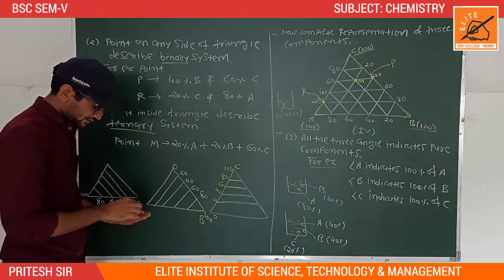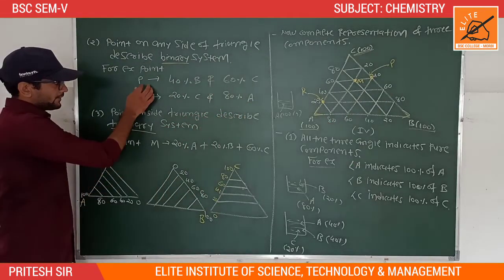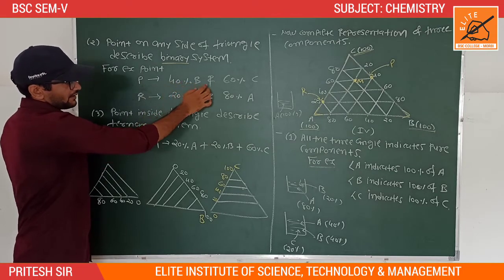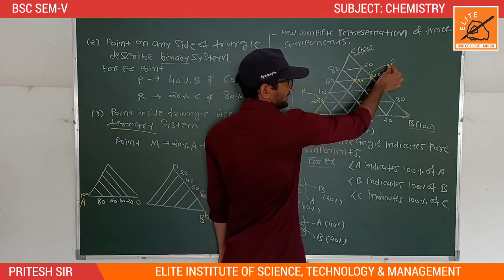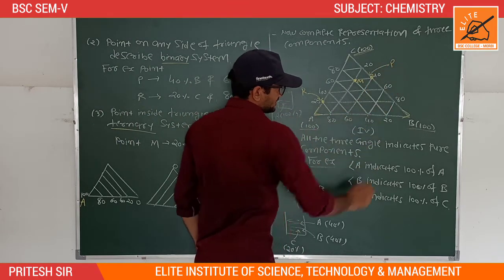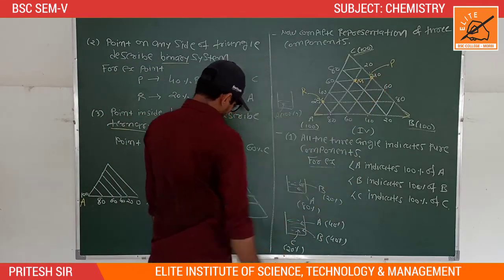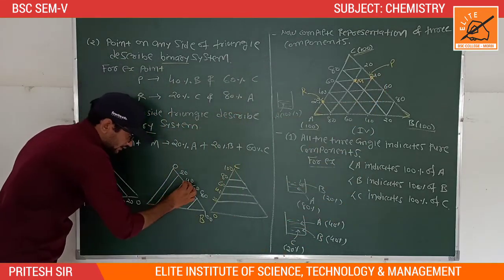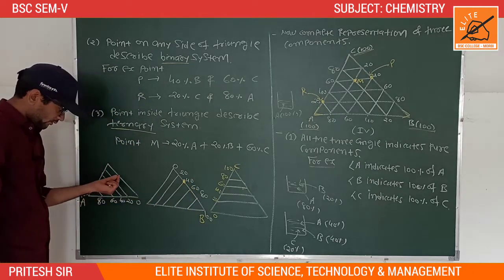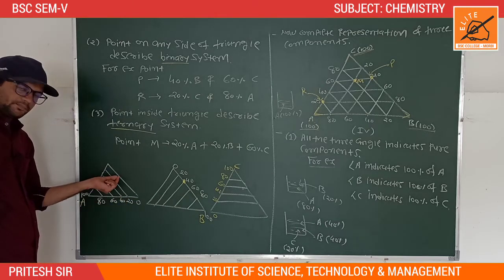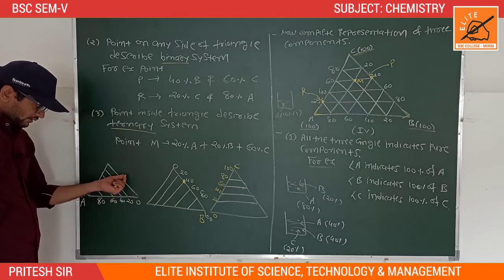So the first one is a point on any side of the triangle describing a binary system. Here we have this point P. Point P indicates 40% of B and 60% of C. First, the exact position of point P is on the side of B. On the side of A, point P is not present because the line drawn is not on this side.